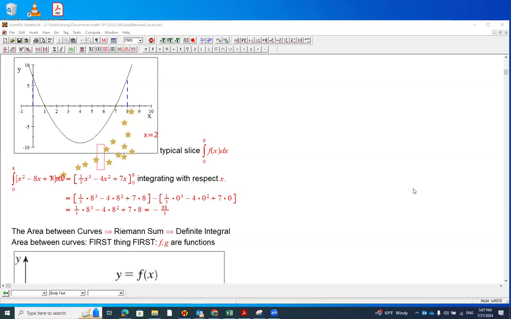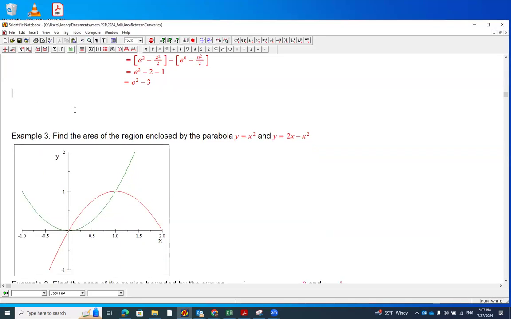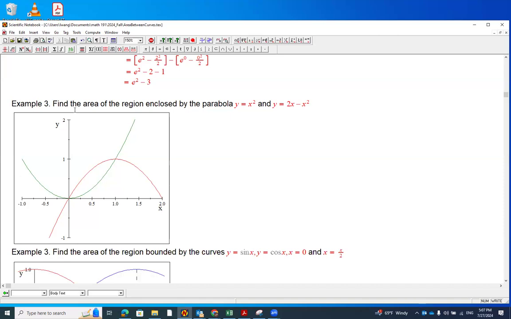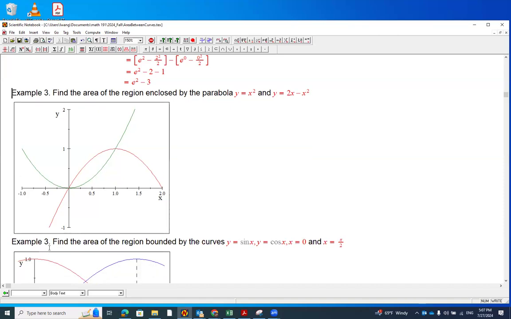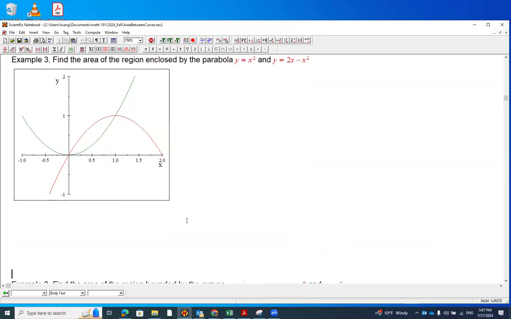All right, let me tidy this up a little bit. So let's look at another example between two curves. Example number 3. Okay, so this piece is absolutely between two curves, and these two curves are given: the green one is x squared, the red one is 2x minus x squared. By this time, you have the picture.